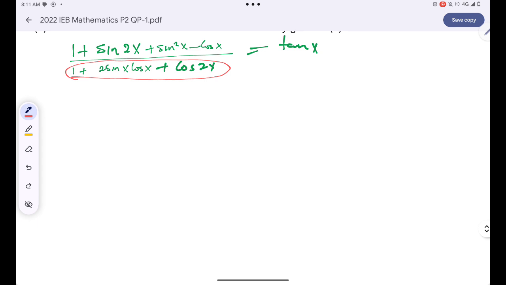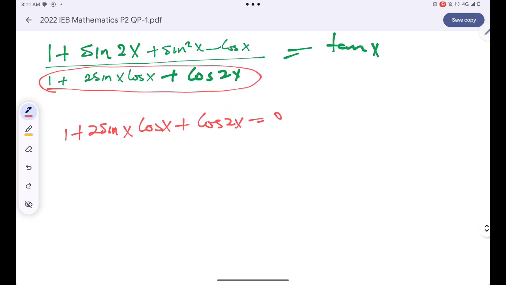For a number to be undefined, 0 has to be at the denominator. Okay, so if I take my denominator equated to 0, I'll therefore find the x values that will make my identity to be invalid. Basically, I'm supposed to solve for x here.